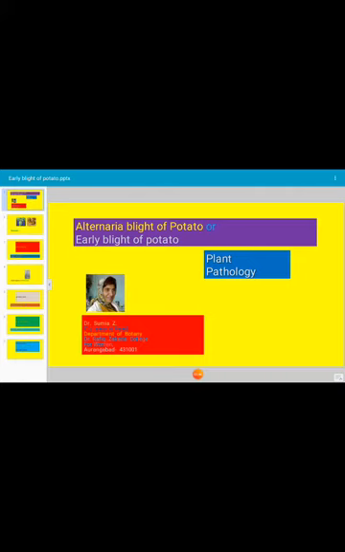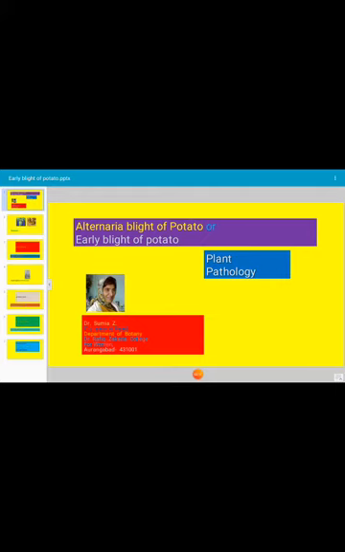Regarding the outbreak of early blight of potato during the past 5 to 6 years, that is during 1965 to 1971, it was a very serious disease in India at Uttar Pradesh. The pathogen causes injury to the leaves.